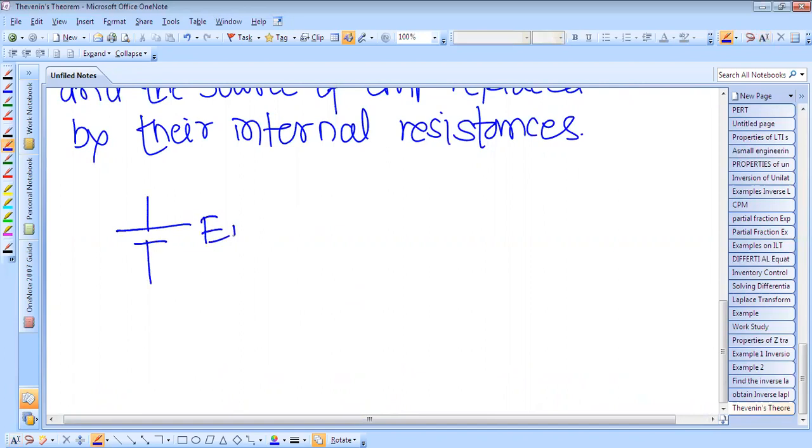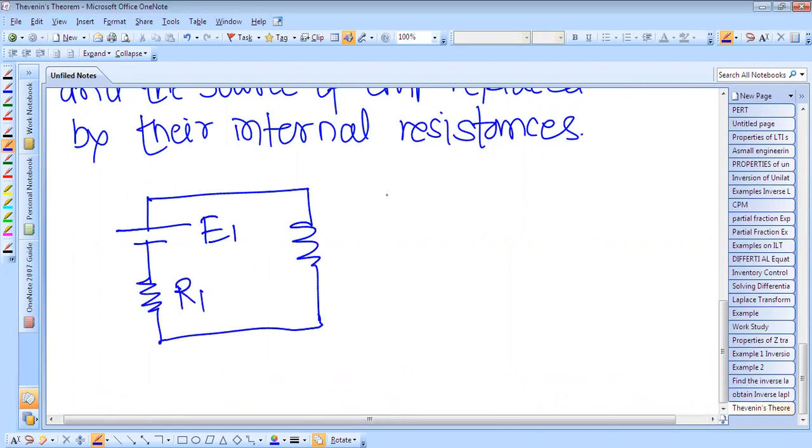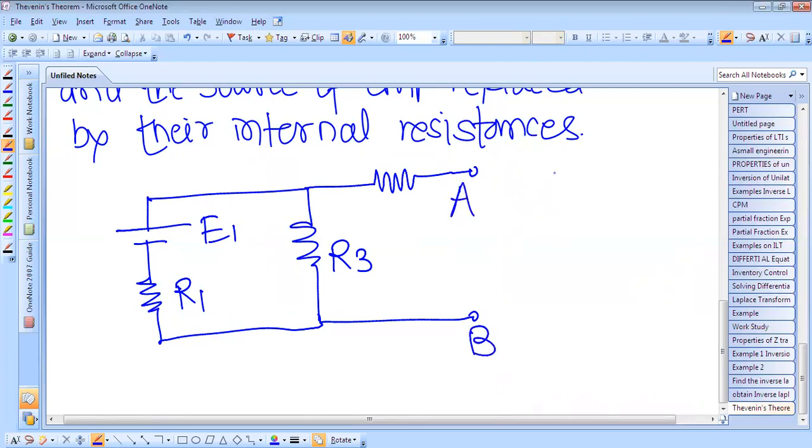This is E1. This is R1. R3. These terminals A and B, we have opened this load resistance R, and this is R2.